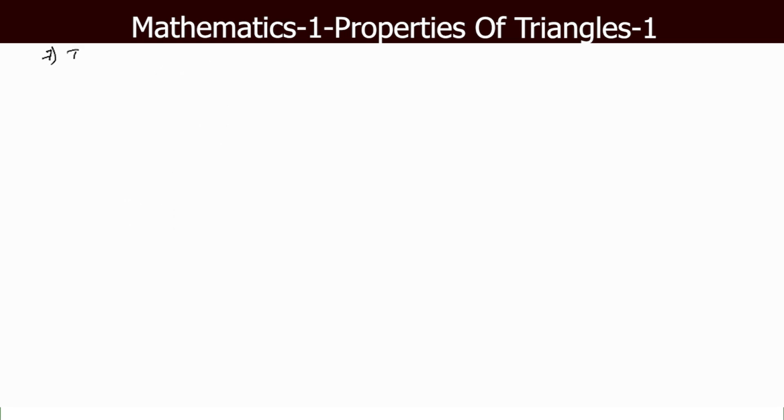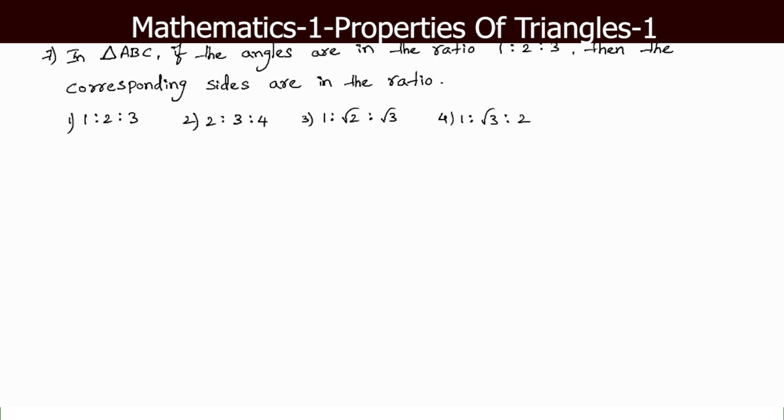Next, in triangle ABC, if the angles are in the ratio 1:2:3, then the corresponding sides are in the ratio of: 1. 1:2:3, 2. 2:3:4, 3. 1:root 2:root 3, and 4. 1:root 3:2. Now, we know that the angles are in the ratio 1:2:3.